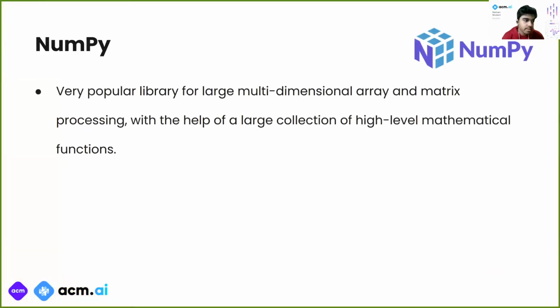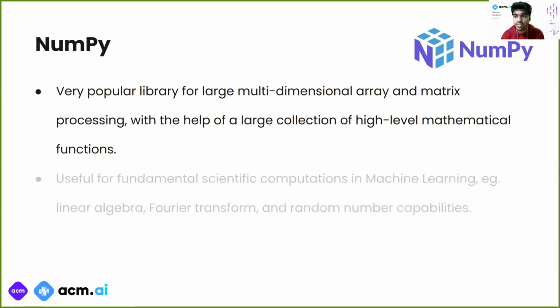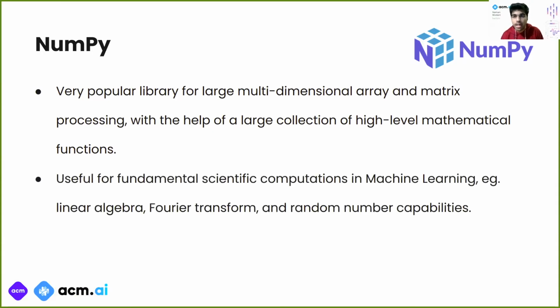Now, NumPy is arguably the most popular library for large multi-dimensional array and matrix processing. So all through regression, we've talked about arrays, we've talked about matrices. And when we want to deal with them numerically, when we need high-level math functions, we actually import NumPy, which helps us play around with arrays and matrices and many other multi-dimensional mathematical objects.